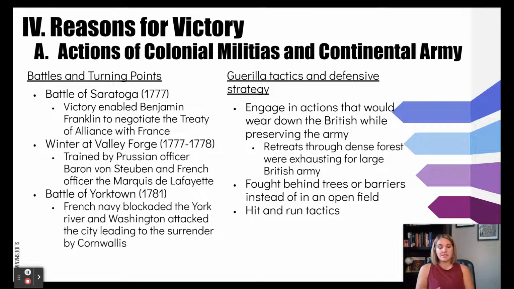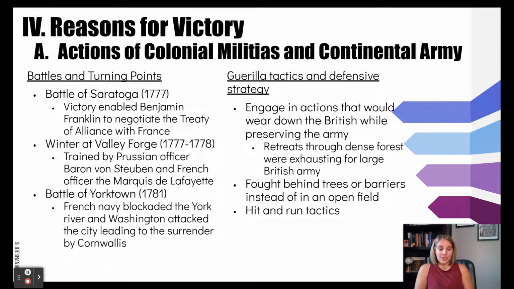And so, despite the fact that Washington tried to avoid the traditional battle styles that the British were very successful at, they did have to do this sometimes. And so the training provided by these two Europeans significantly helped the Americans to come out of Valley Forge actually stronger than before the winter.